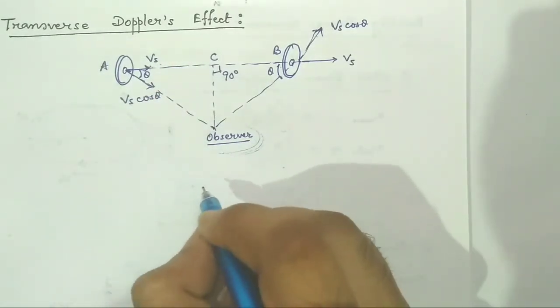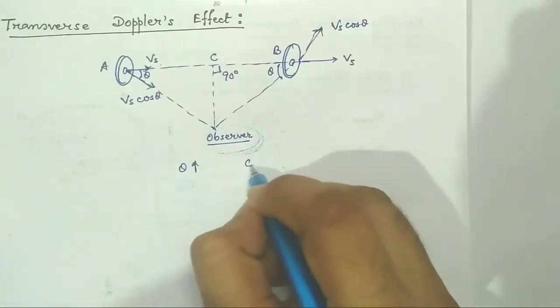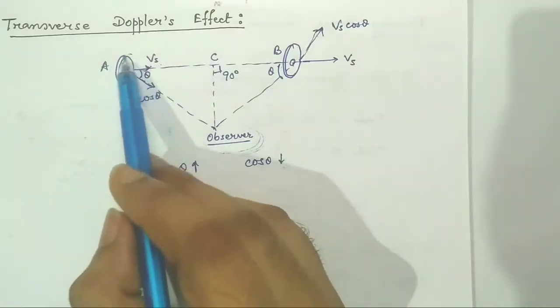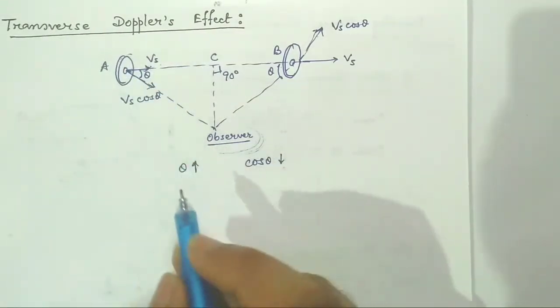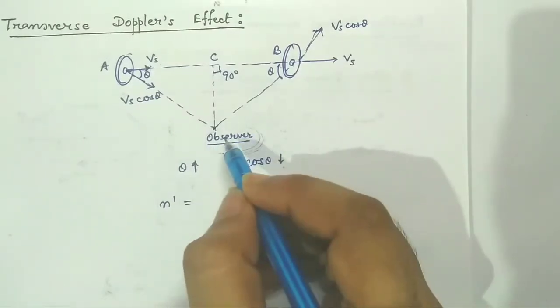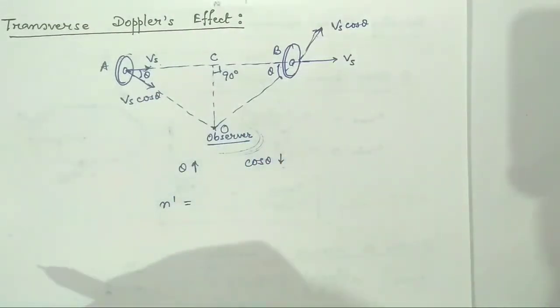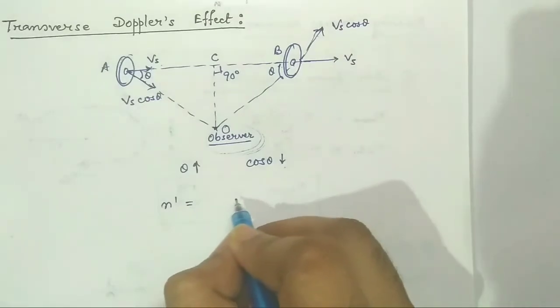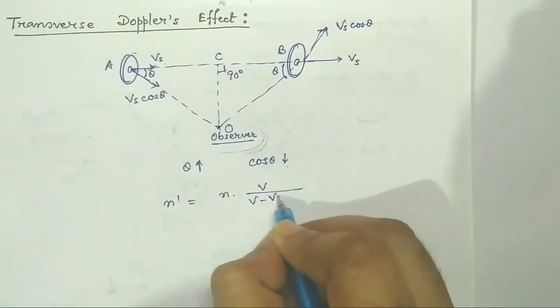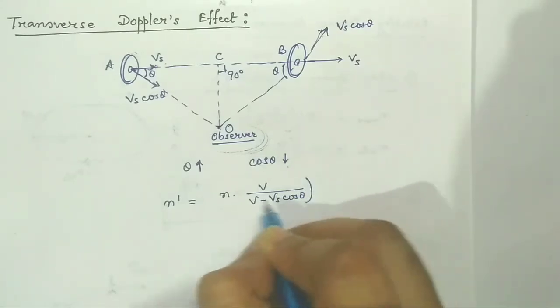We know that if theta increases, the value of cos theta will decrease. When the source is at point A, the apparent frequency heard by the observer at point O will be given by n prime equal to n into V divided by V minus Vs cos theta.